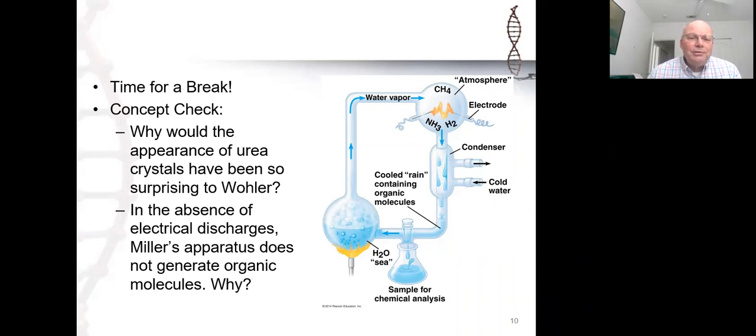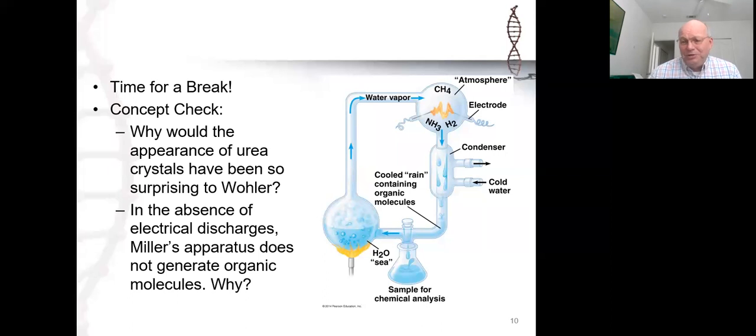In the absence of electrical discharges, Miller's apparatus does not generate organic molecules. Why? Well, the reason is because it requires energy to build molecules, and this is a building process. When you want to create molecules, when you want to carry out chemical reactions, you need to supply energy.